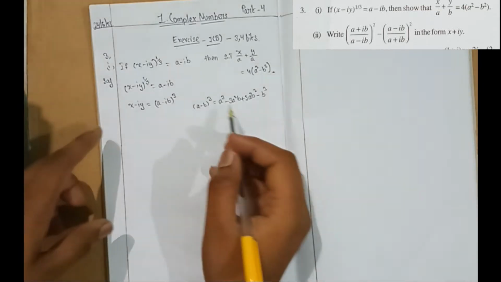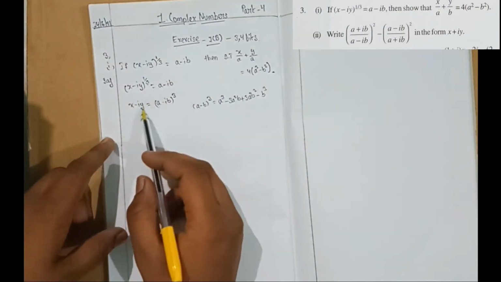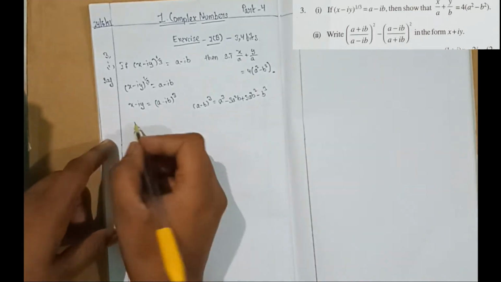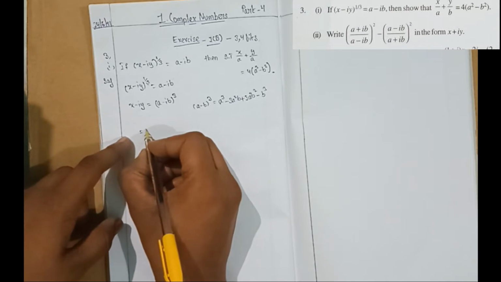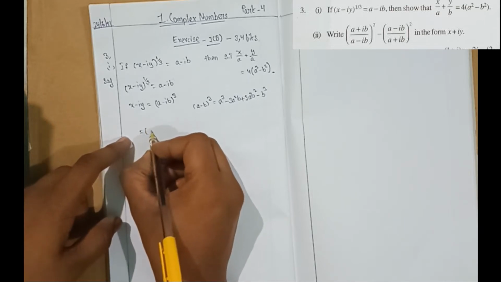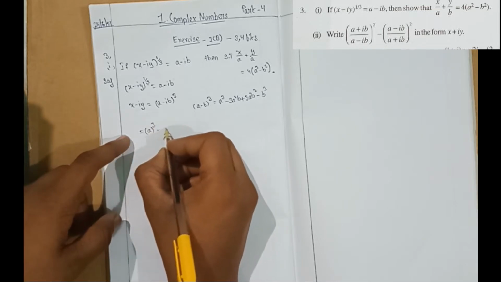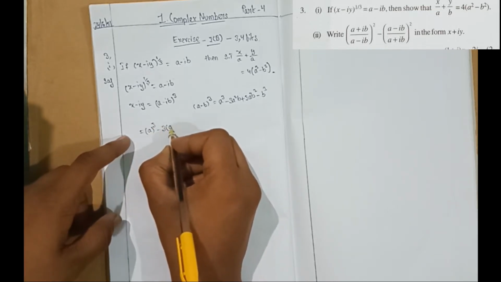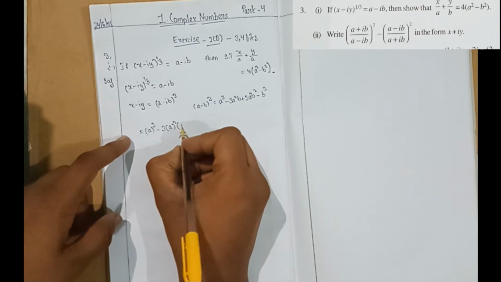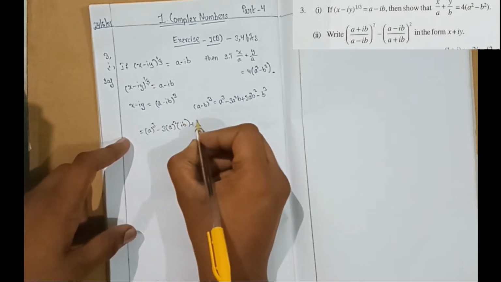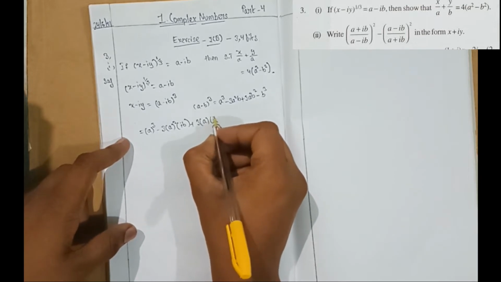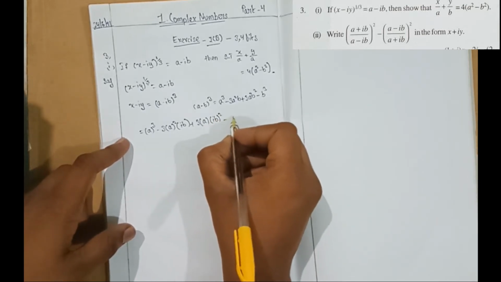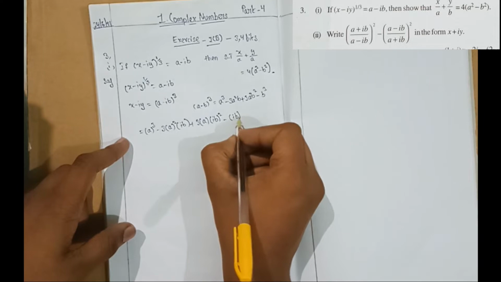Now we are going to substitute the a and b values in the formula. a cube means a cube only, and minus 3a square b means ib, plus 3a (ib) whole square minus (ib) whole cube.